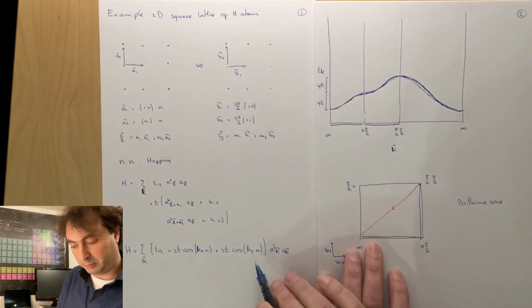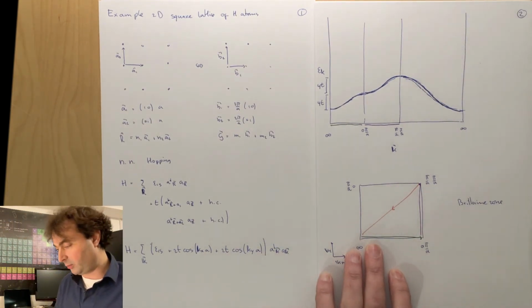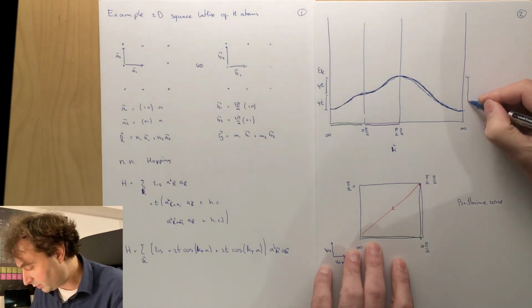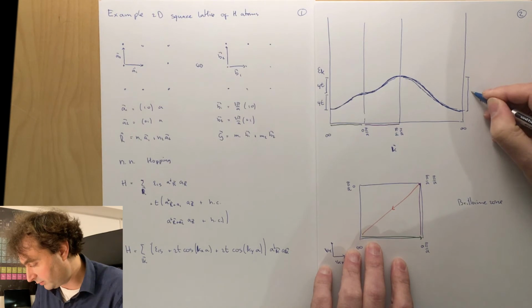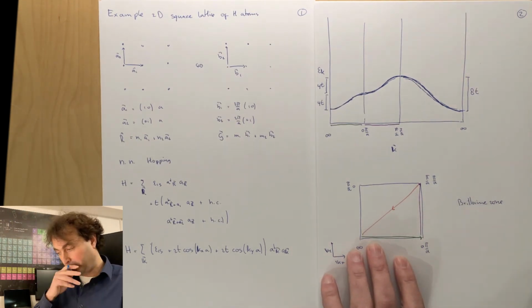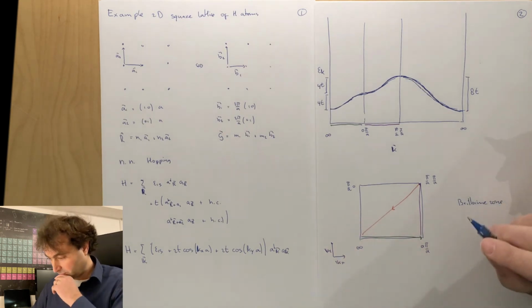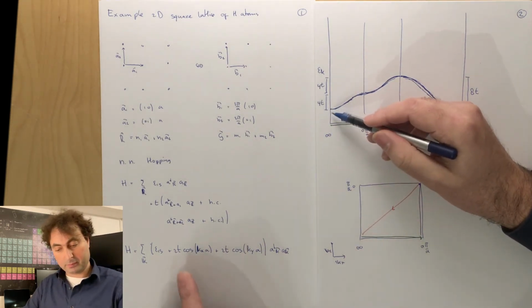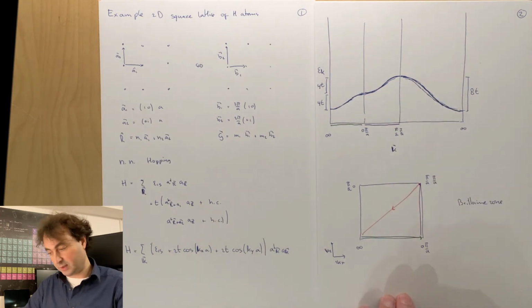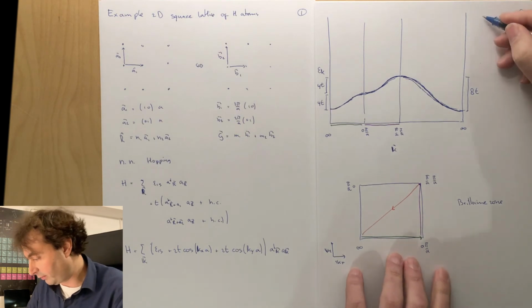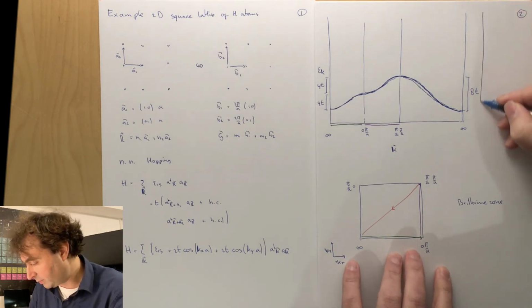But now both kx and ky simultaneously change in the same fashion, so that in the end gives you a bandwidth of 8t. Note that at gamma you start at a minimum, and that is because t is negative, which is what we have derived for the interaction between two s orbitals.